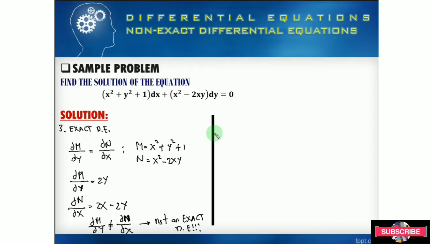So for our case number 1, if you can remember, we have there this 1 over N, and we have this partial derivative of M with respect to y minus the partial derivative of N with respect to x, equal to the f function of x.